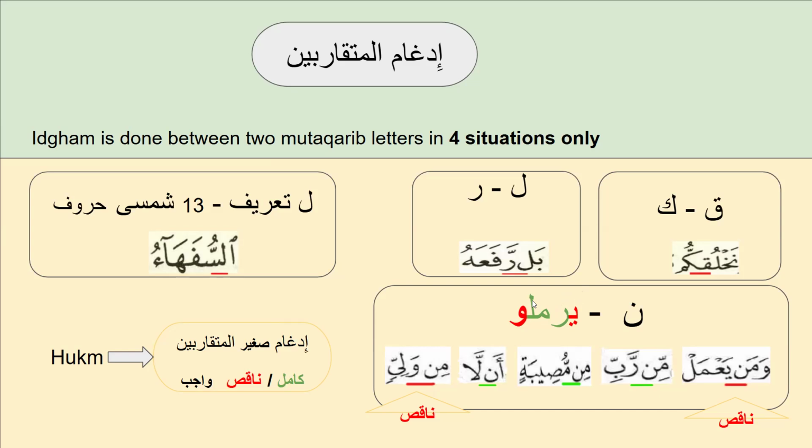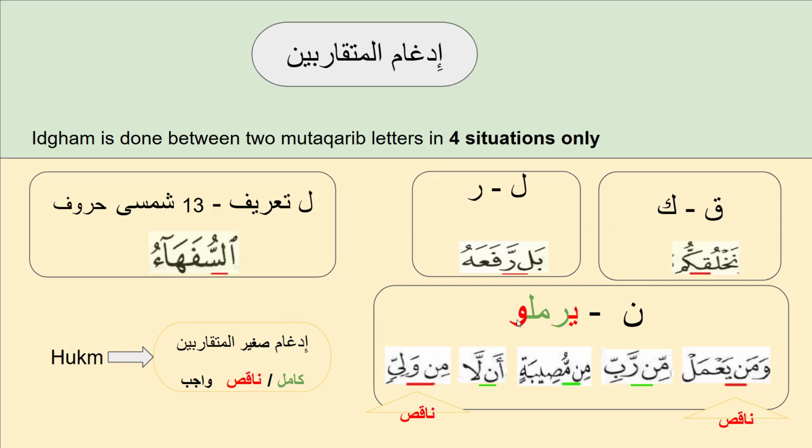Therefore, it's mutaqarib to the noon in makhraj. And we have to look at the sifat as well, because the noon and the lam, they have jahar, they have tawassut, they have istifal and infitah. So they share minimum 3 sifat as well. So in makhraj and sifat, lam and the noon share the mutaqarib relationship.